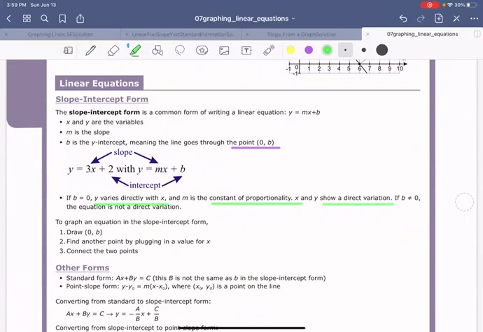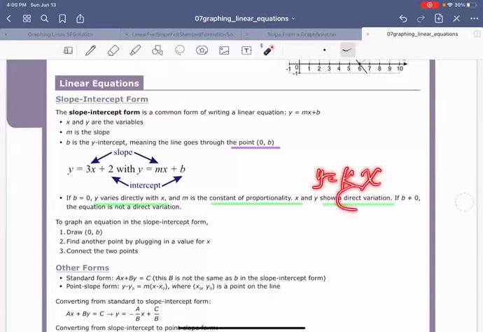So for the STAR test or PICT, sometimes they say y and x are a direct variation. And a lot of students forget. They say, oh, I never learned this before. That just means y equals kx plus b, but b is 0, so you can ignore it: y equals kx.